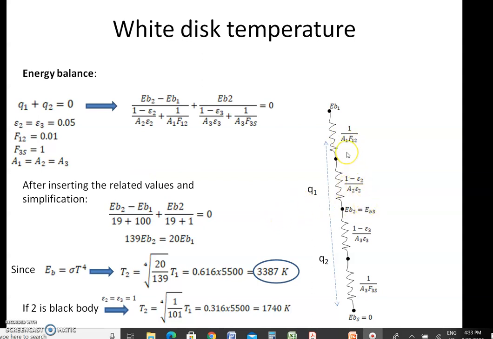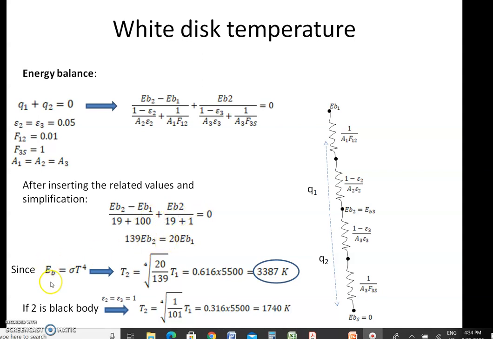Now we have everything except the temperature of disk 2. So we use an energy balance, which basically means that the input heat is equal to the output heat. When we present it in a mathematical formula, this is what we get. This represents Q1 and this represents Q2. The summation of these two formulas is 0, and after inserting the related values and simplifying, we get this simple equation.